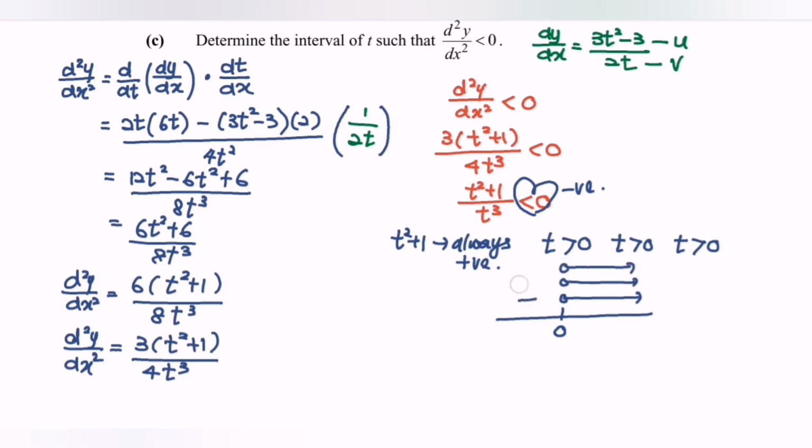We notice that we have 3 negative factors, so we will have negative on the left and positive on the right. Based on the sign, we want the negative, so this will be the answer. Our interval will be negative infinity until 0, where 0 is not included. So here we are, and thanks for watching.